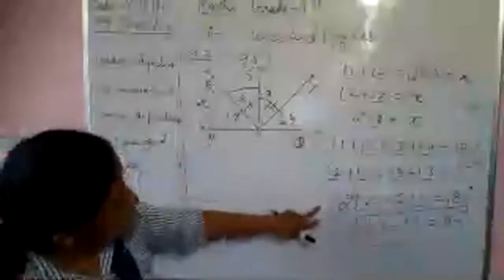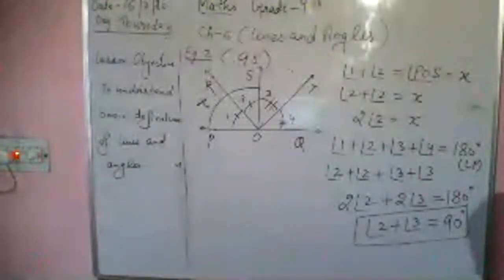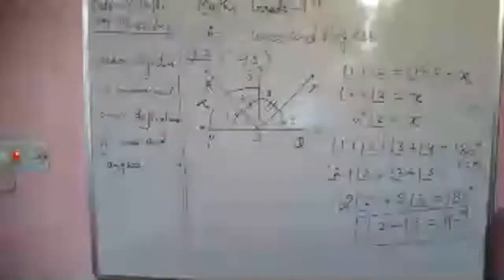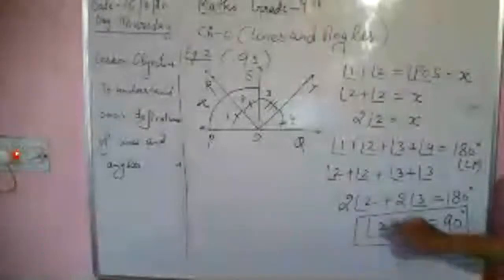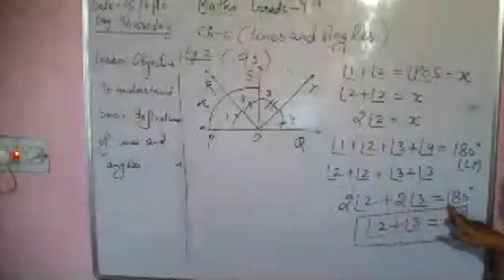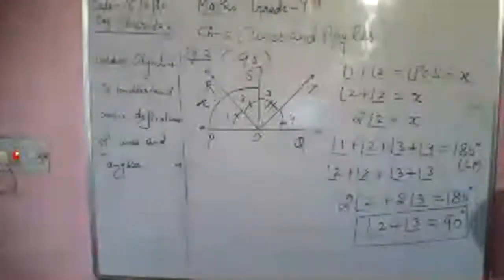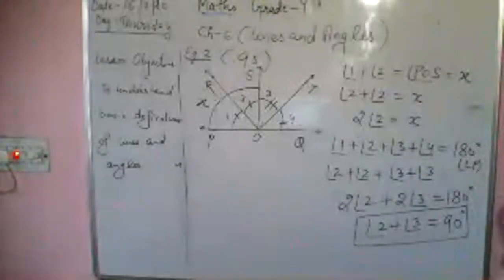Here also, you have to put the values. What you need to prove? Angle 2 plus angle 2, twice of angle 2, twice of angle 3 is equal to 180. So angle 2 plus angle 3 is equal to 90 degrees.